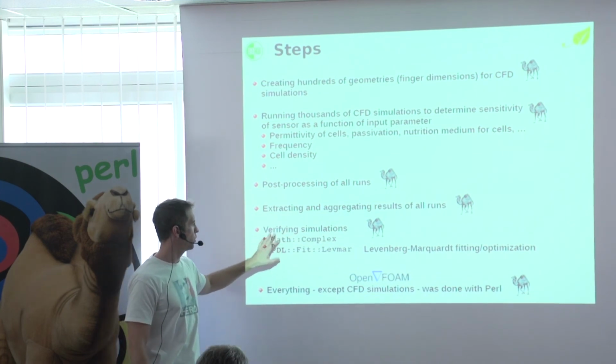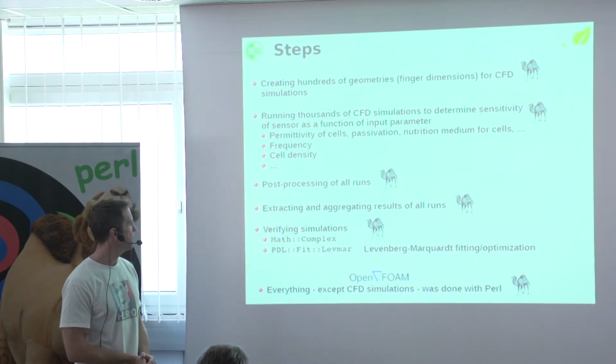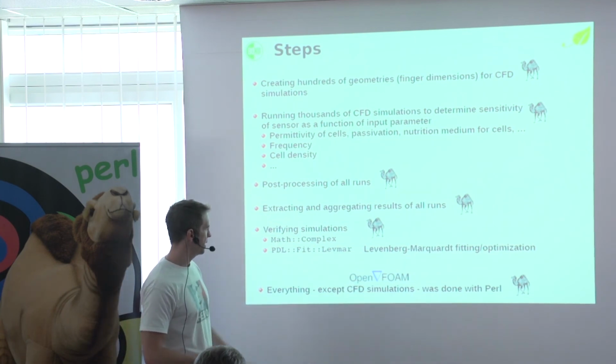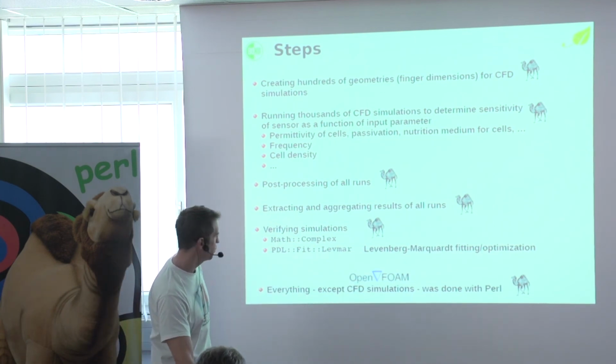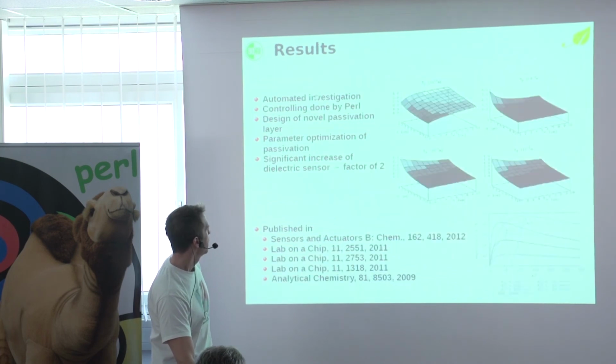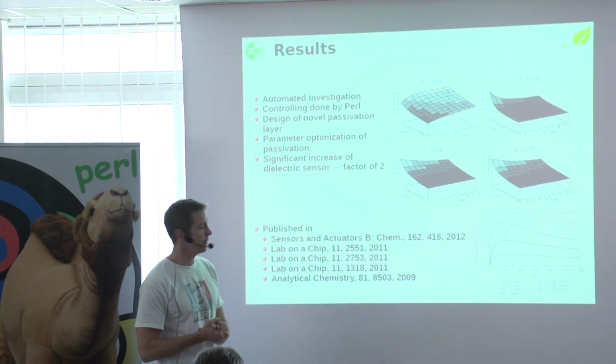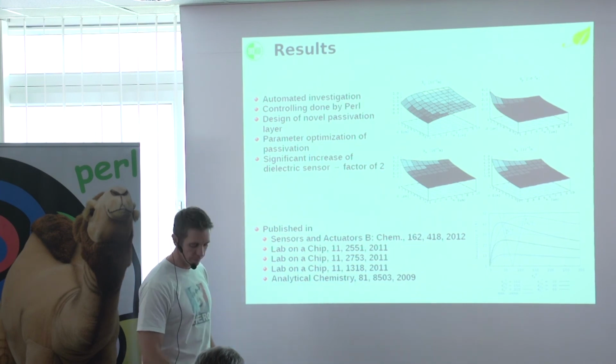Here we also were verifying our simulations. Math, complex fitting and optimization tools were heavily used. And at the end, we could increase the measurement sensitivity of our sensor by a factor of 2.